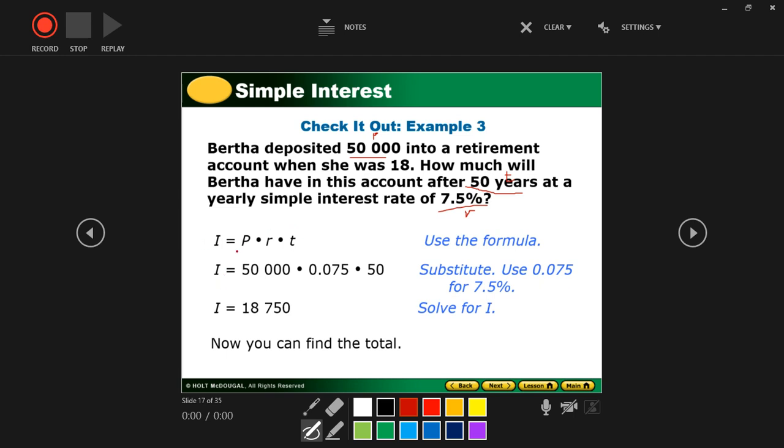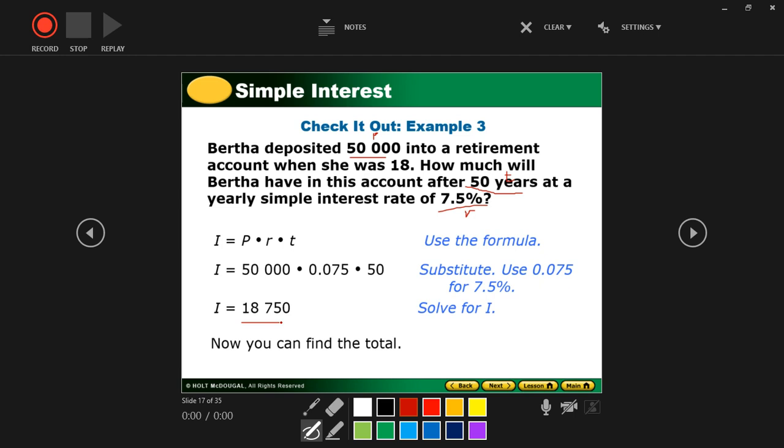I, we copy it. P, money deposited 50,000, rate of interest 7.5%, converted to decimals, that's 0.075. Time, that's 50. So multiplying all together, you have an interest of 18,750, no? So Bertha deposited only 50,000 when she was 18 years old.